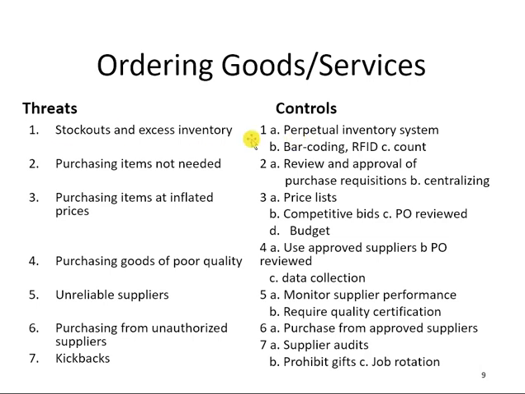The perpetual inventory system, of course, is a good control because we have real-time monitoring of the level of inventories. Of course, barcoding and radio frequency identification, RFID, can also help monitor inventory levels. But the physical count is always important.